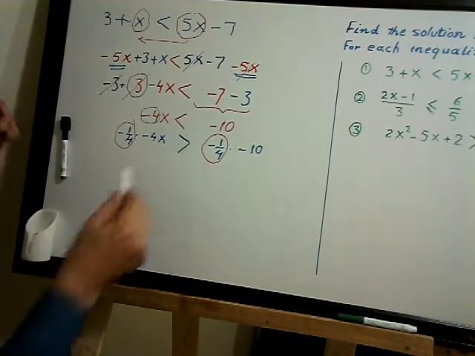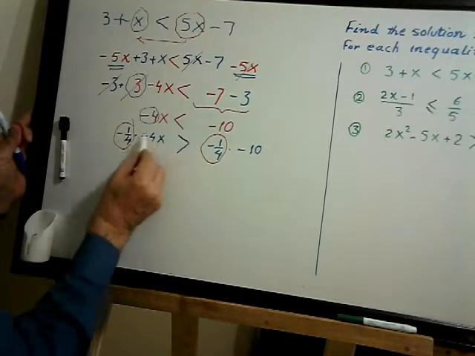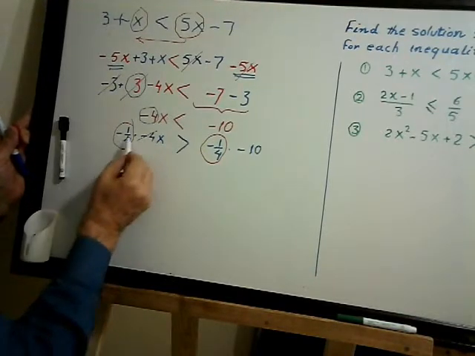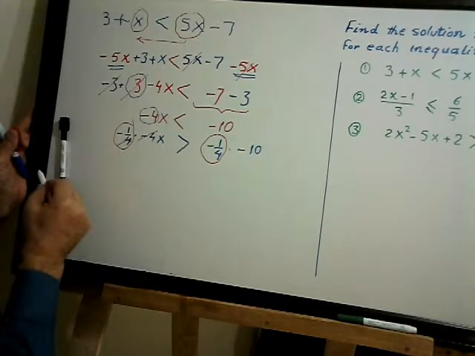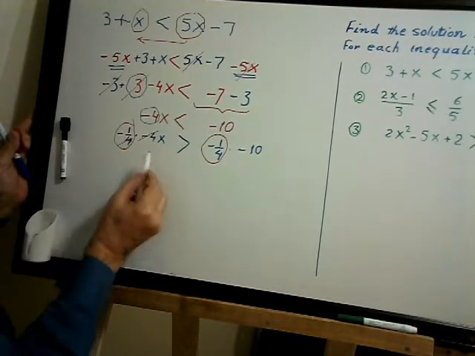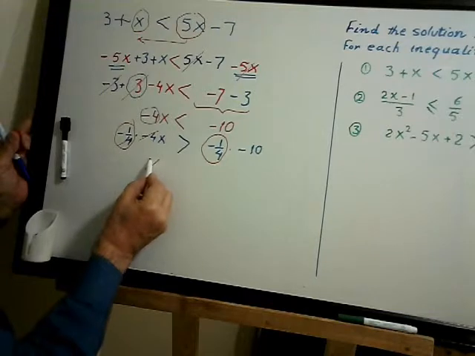The result of this multiplying: negative 4 and negative 1 over 4 will cancel, and just x will stay here.